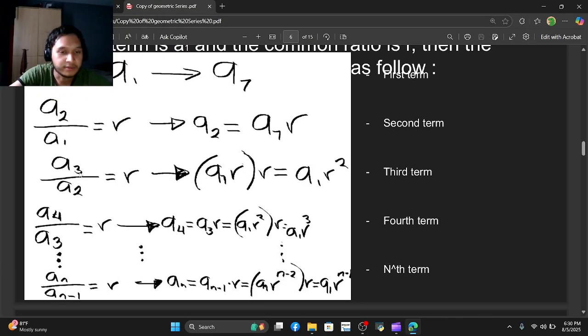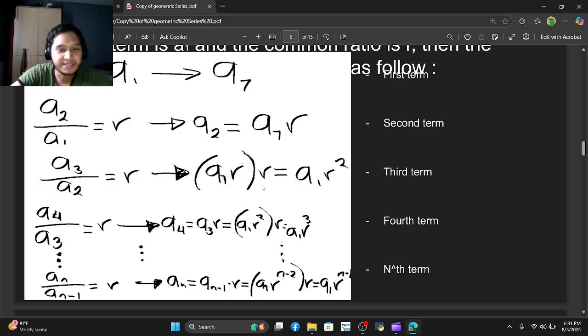Okay, let's take a look at the other one, the third term. If we take the third term and divide it by the second term, we always will have the ratio, one ratio. But we still have to take two ratios, right? The third term is equal to the first term times the ratio, times the ratio.